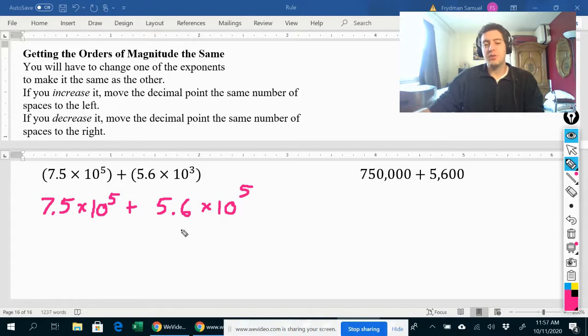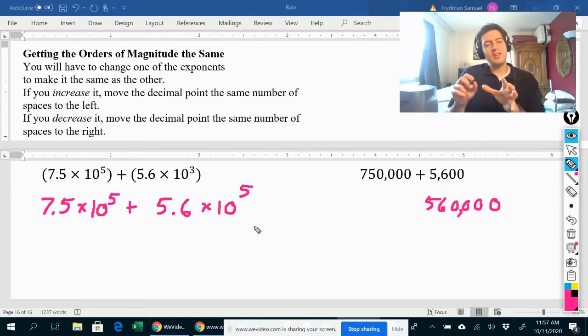We would be changing the whole problem. 5.6 times 10 to the 5th power, well, that would be 560,000. So we're changing the problem from 750,000 plus 5,600 to 750,000 plus 560,000. That's not the problem that we wanted to answer in the first place.